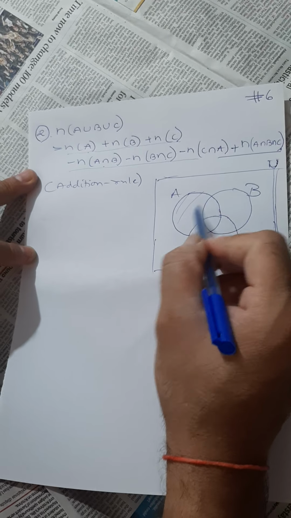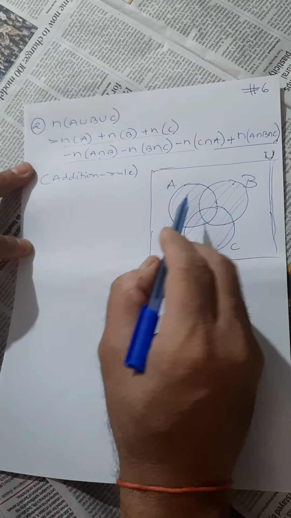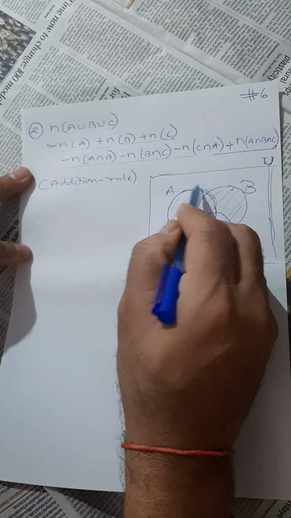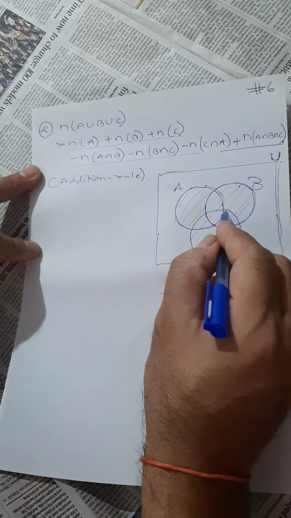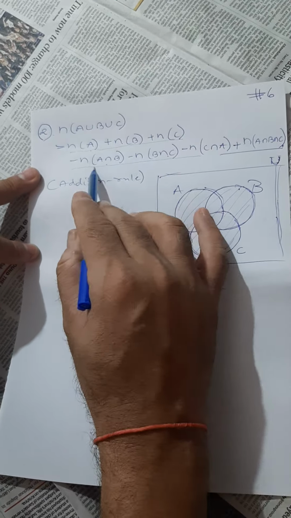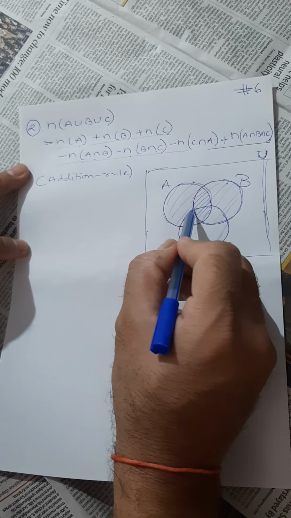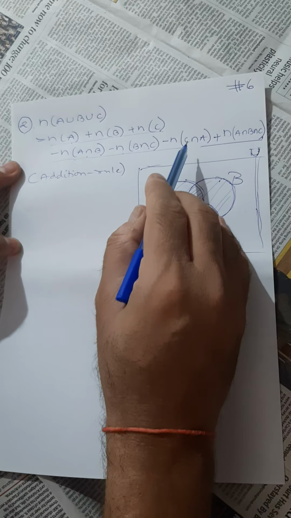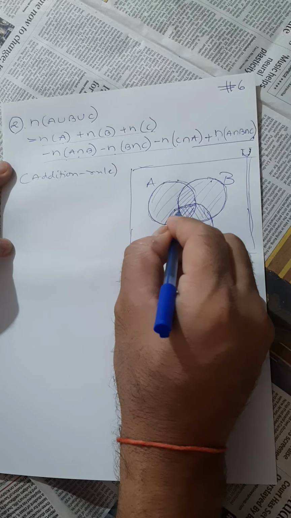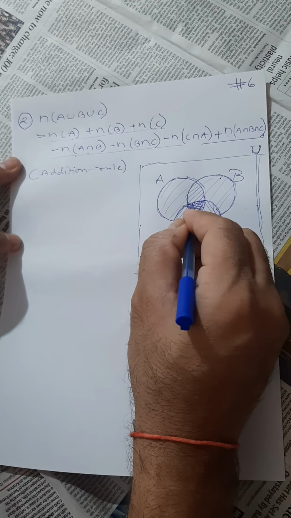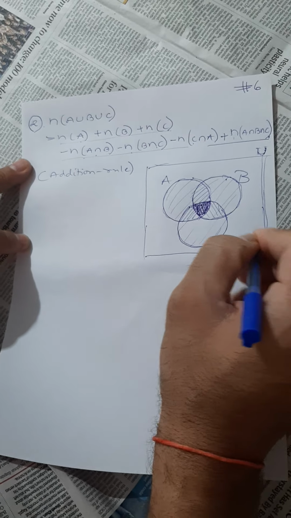So the number of elements in the union of these three sets is given by n of A plus n of B plus n of C minus A intersection B, that is this portion, minus B intersection C, which is this portion, minus A intersection C, which is this portion, plus the common part of all these three, that is this one. This is common in all the three sets, remember this portion. Okay.